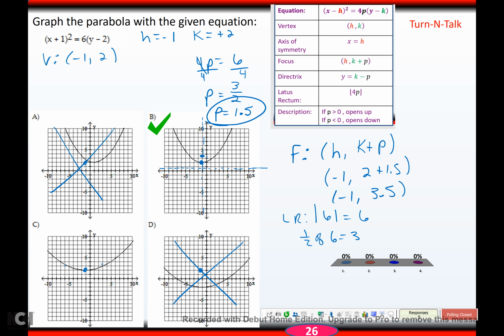So from this point, I'm going to go out 1, 2, 3 units and mark it, 1, 2, 3 units and mark it, and this one matches. If you go out up to negative 1, 1, 2, 3.5, and go out 1, 2, 3 units, it's right there, and out 1, 2, 3 units is right there. That does not make that picture. So it's got to be B.